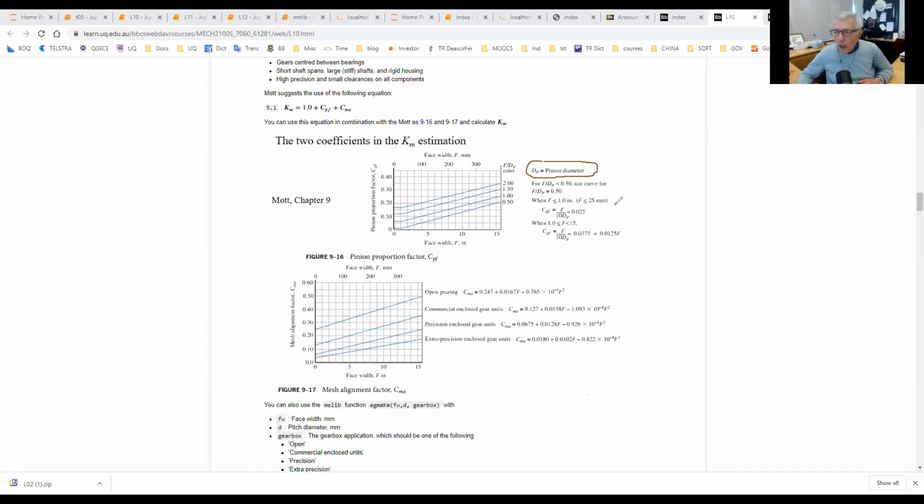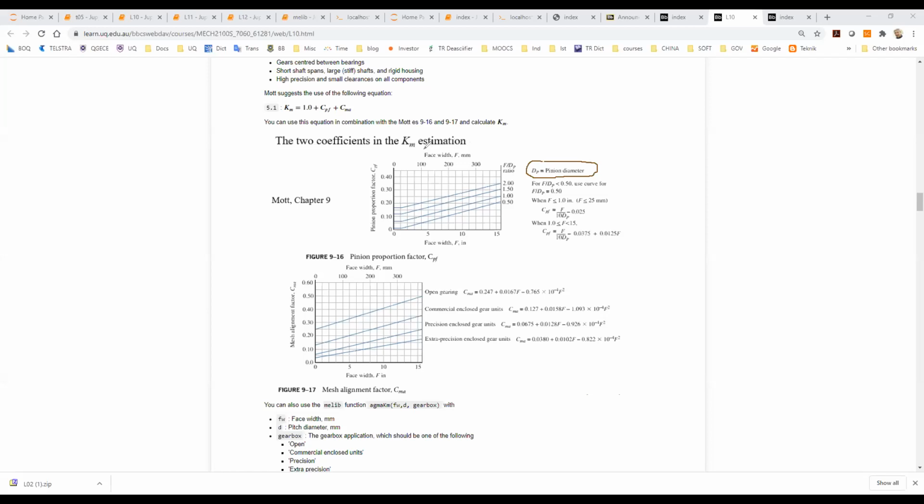Okay. And do you have your intermediate steps? I have, so the face width is 50 millimeters. 50, yep. And DP is 17 times 4, so 68. Yes.